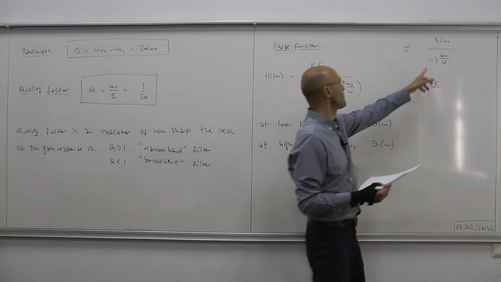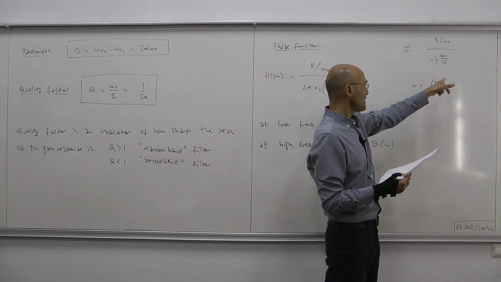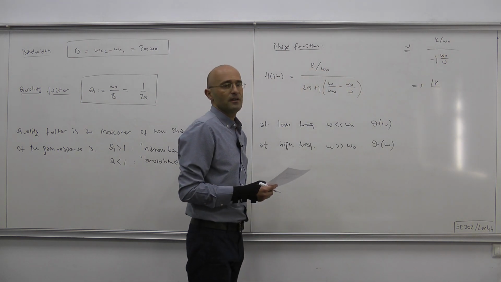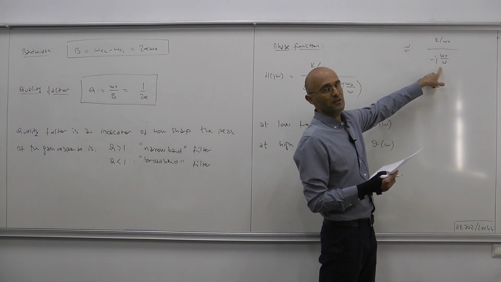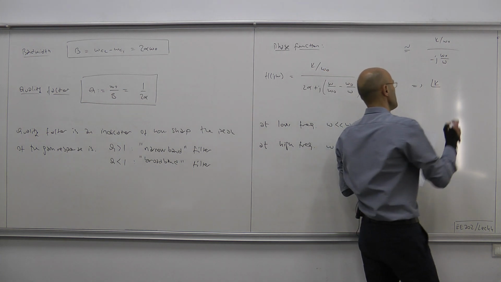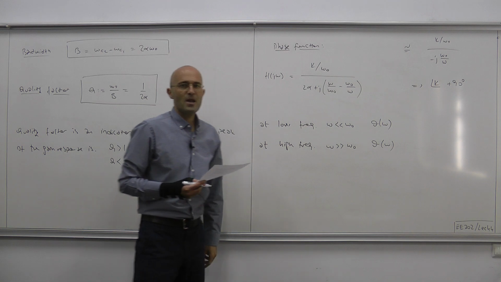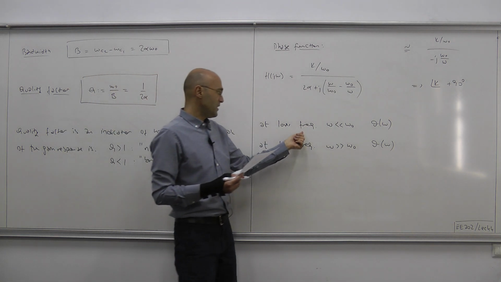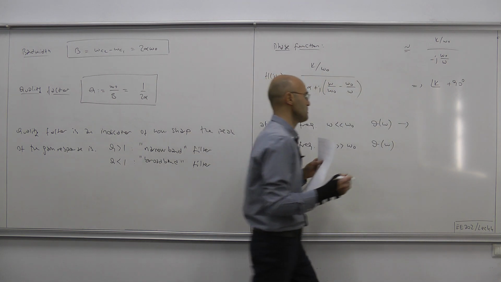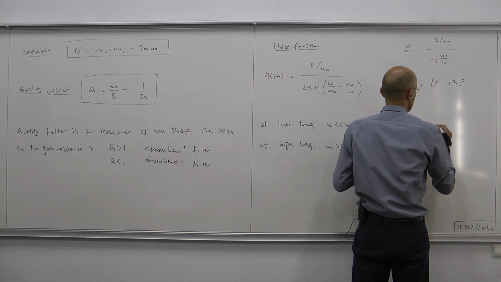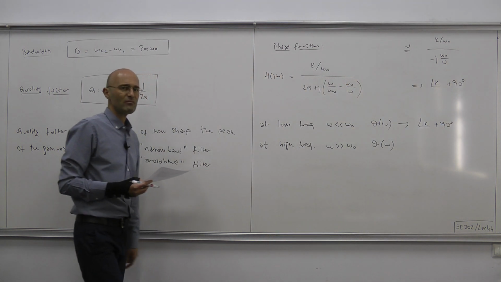But in any case, the phase of this is the phase of k minus the phase of the denominator. Now, in this case, the phase of the denominator is minus 90 degrees. Therefore, minus minus 90 degrees produces the phase of the numerator plus 90 degrees approximately when the frequency is low. Okay, so therefore theta tends to the phase of k plus 90 degrees at low frequencies.